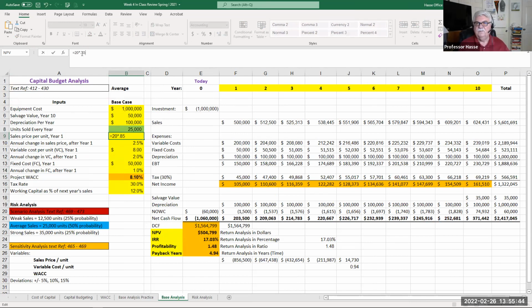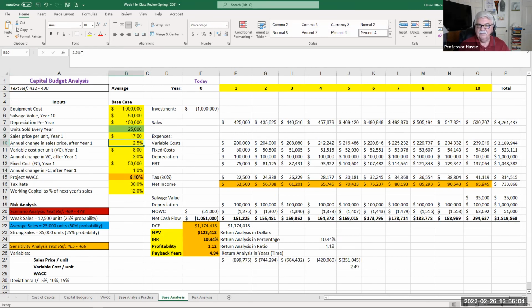Mr. Hassey, I thought it was a 15% reduction. It is. 100% minus 15% is 85%. So we're going to take 0.85 of $20. And notice I have all this set up in my spreadsheet. So when I change that and hit enter, it automatically adjusts the revenues for this project. Then notice what happens.